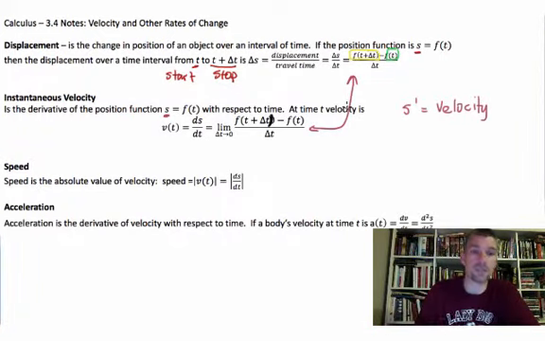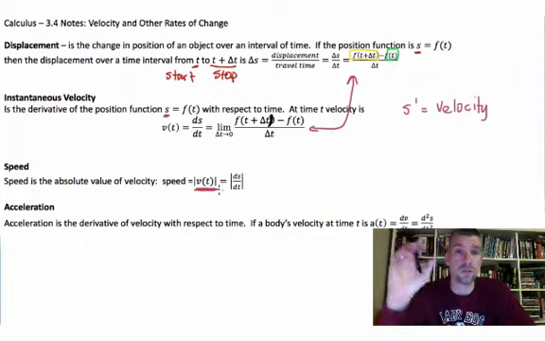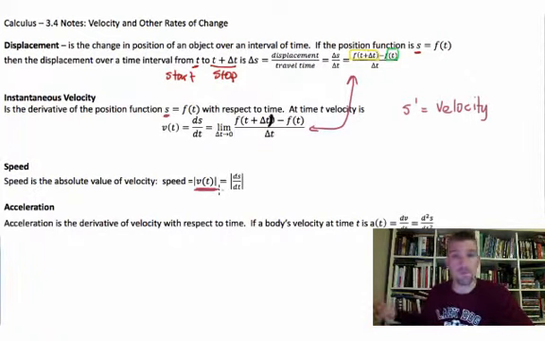Okay, the next one is the speed, and speed is a little bit tricky. It's just absolute value of the velocity function. So once you've taken that derivative, remember your instantaneous velocity could be negative 50 miles an hour. We could go backwards 50 miles an hour. Well, what was our actual speed? 50 miles an hour.